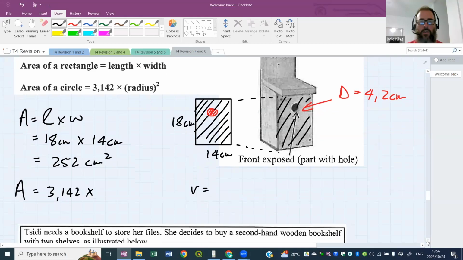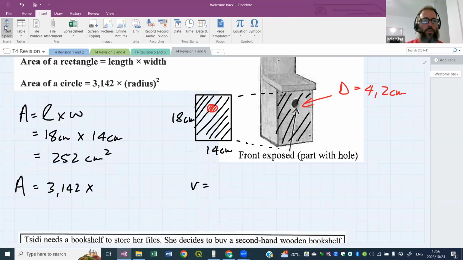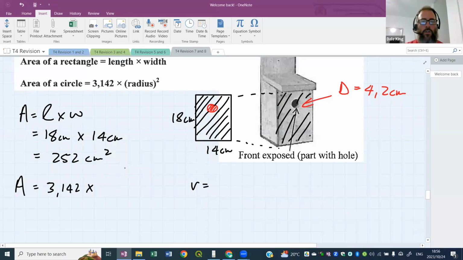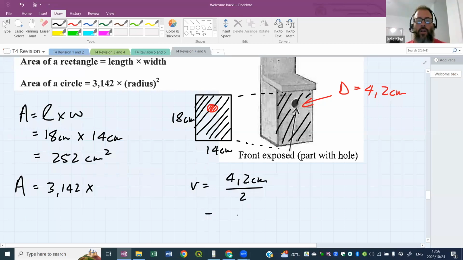Okay, now we're going to move down to the little red circle. First we're going to find a radius, because this formula needs a radius. They give us a diameter. So we're going to take the diameter of 4,2 centimeters and cut it in half. That'll give us 2,1 centimeters for our radius. Now we can put the radius in.